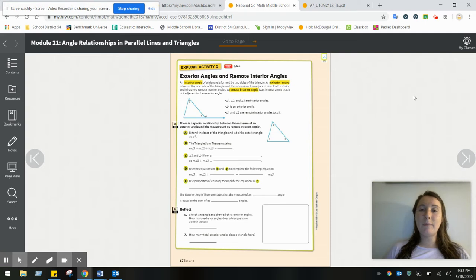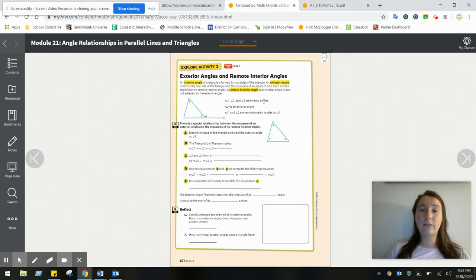This second theorem is going to talk about the different angles in our triangles, interior angles and exterior angles, and the relationship between them. What I have here is a triangle with angles 1, 2, 3, and 4. Angles 1, 2, and 3 are considered to be interior angles.